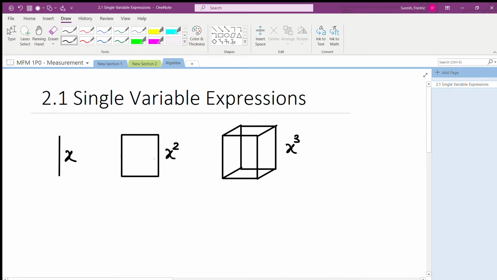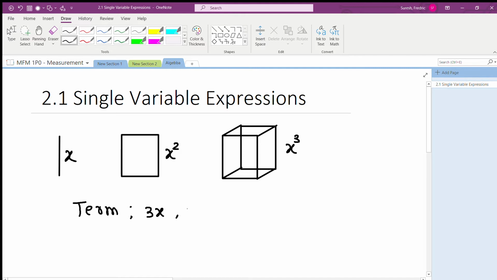From here, let's move on to define what a term is. An example for a term would be, say, 3x. That is a term. That means there are 3 x's in that collection, and that collection is called a term.